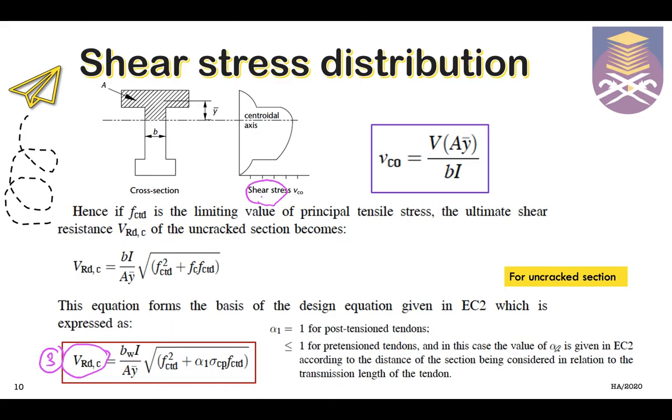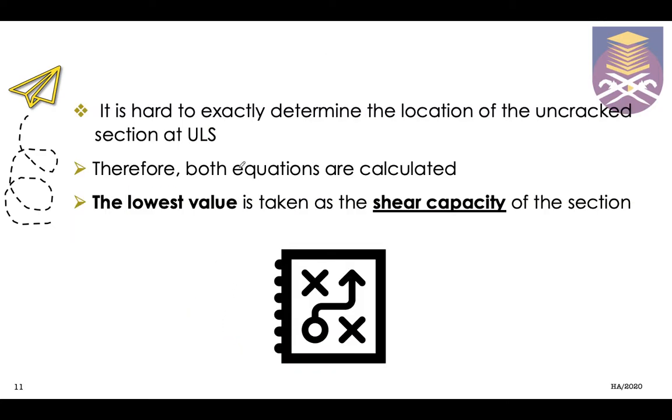This value of alpha 1 is given in the Eurocode in accordance with the distance of the section being considered. So this is the equation that we are going to use, which is another equation of VRDC. And in a reinforced concrete section, it is actually hard to exactly determine the location of the uncracked section at ULS.